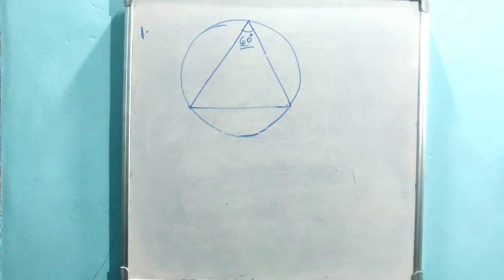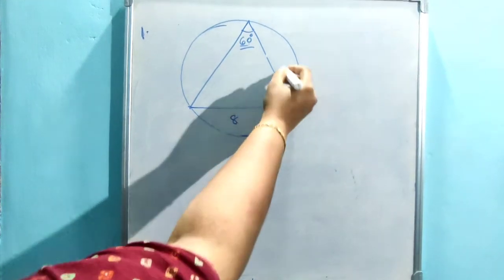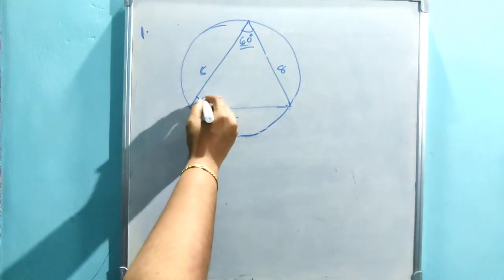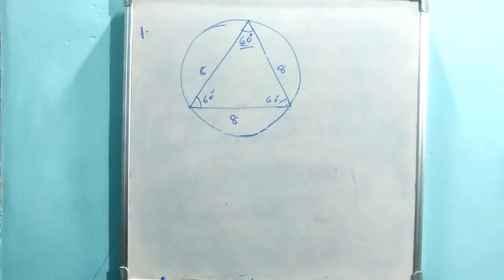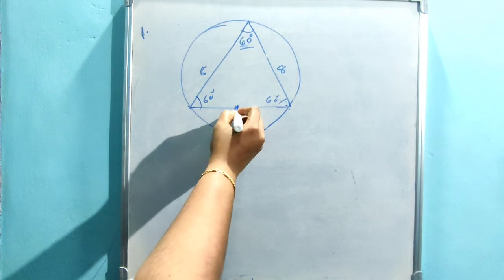Our next question is the second question. What is the circumradius of an equilateral triangle of side 8 centimeter? All the sides are 8 centimeter and all the angles are 60 degree. Then how do we find it?